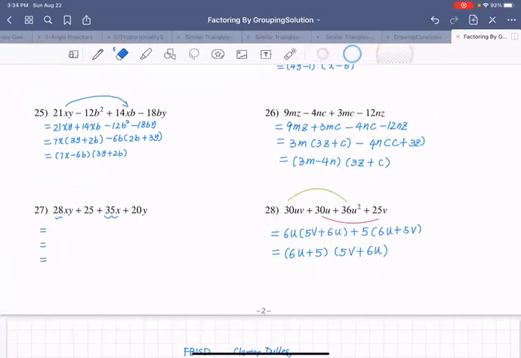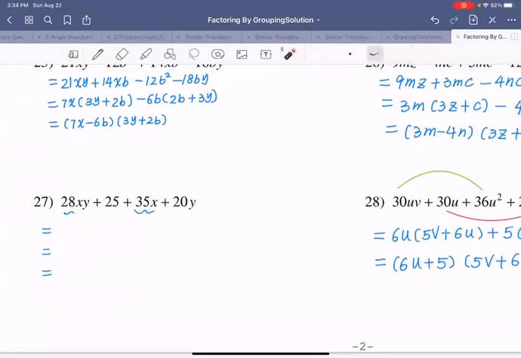Next one, Ashley, let's try 27. Go ahead, please. If we do this question, do these two and these two, we won't be able to do the factoring. So we have to do different combinations.